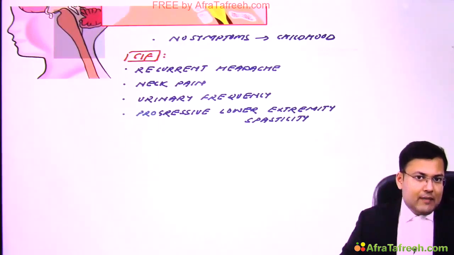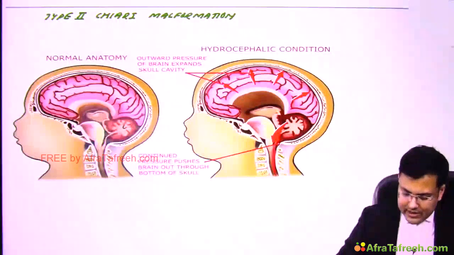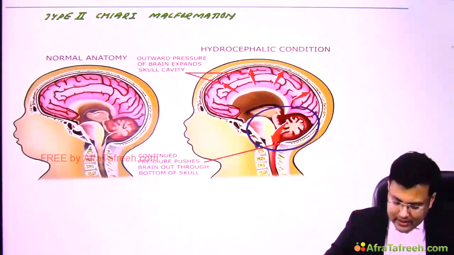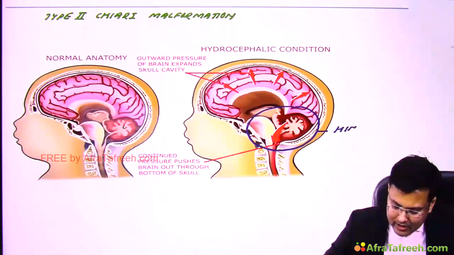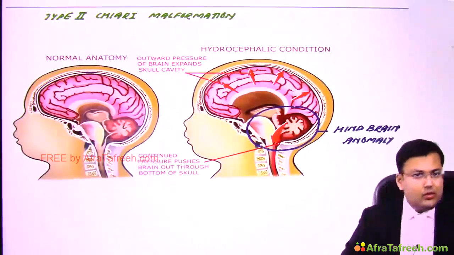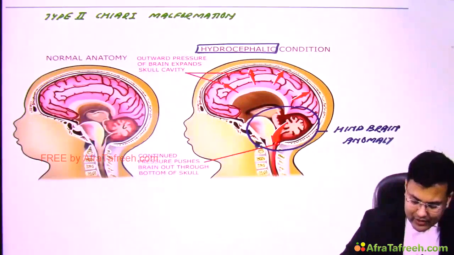Now have a look at type 2 Chiari malformation. The problem in type 2 Chiari malformation is that it is a hindbrain anomaly. We discussed that in type 1 there is no hydrocephalus, but in this case you will notice that there is hydrocephalus.